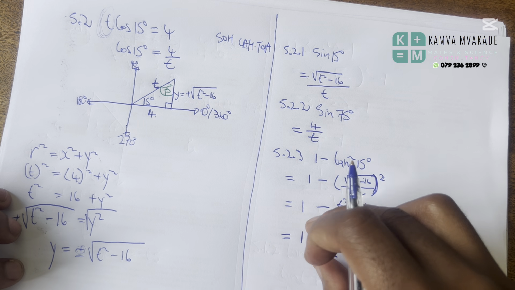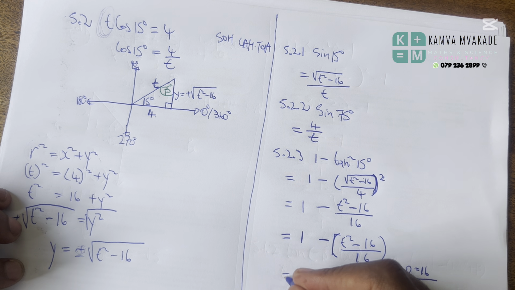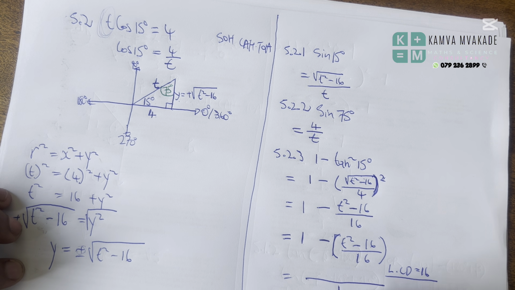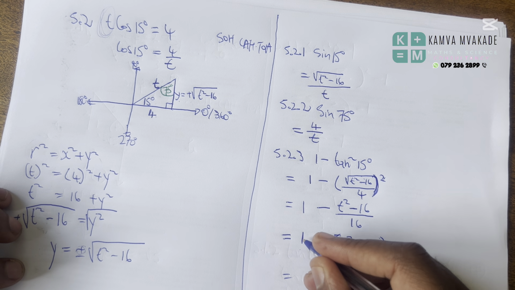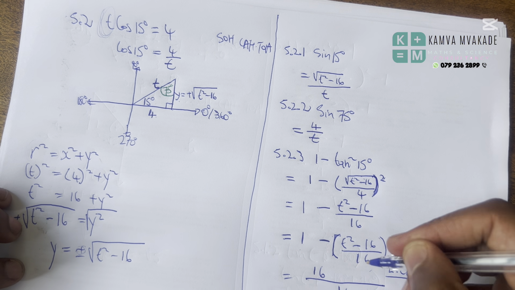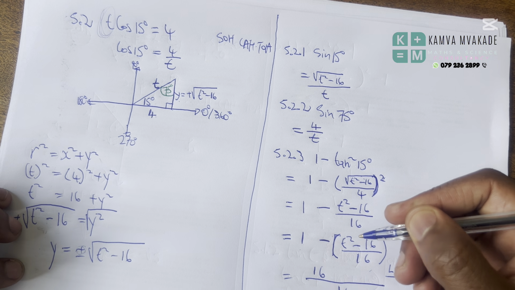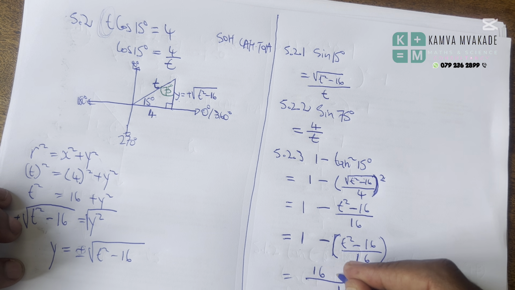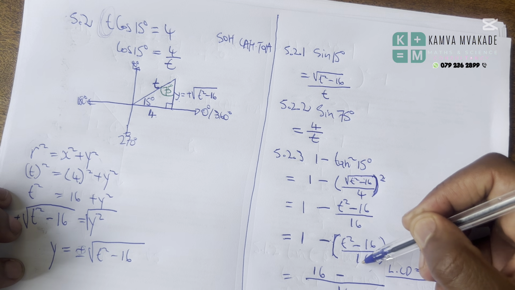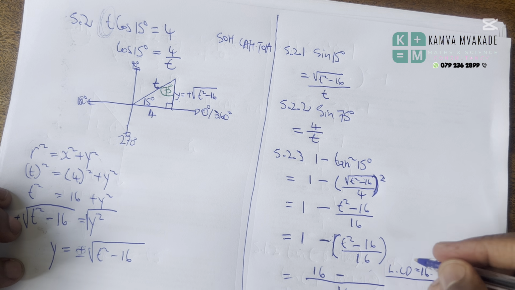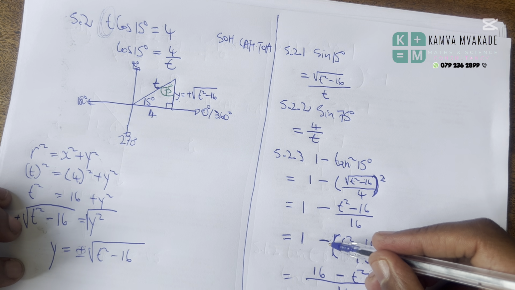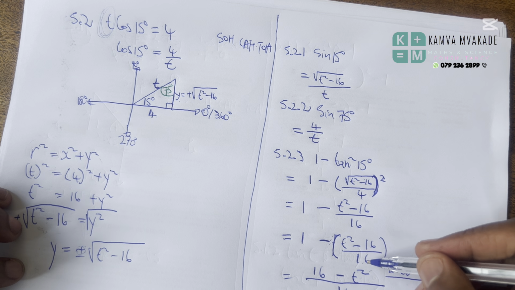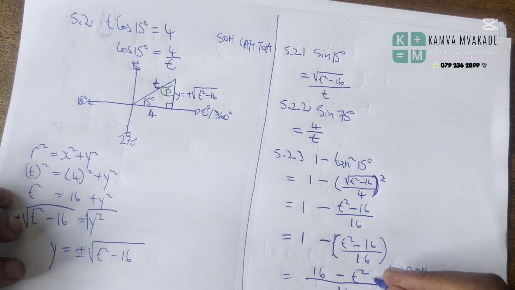So we multiply throughout by the LCD and divide everything by the LCD. When we multiply 16 over 16, it cancels, and we are left with t squared, and then minus what?